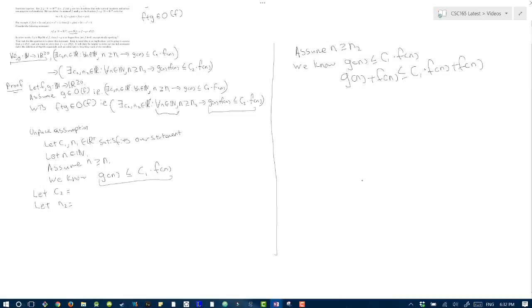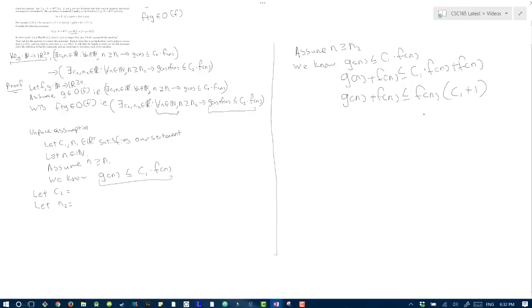If we add f of n on both sides, let's rewrite the left side. Remember, the goal is to get to this, and we start with this. So let's factor out f of n. Then you have c1 plus 1 times f of n, right?